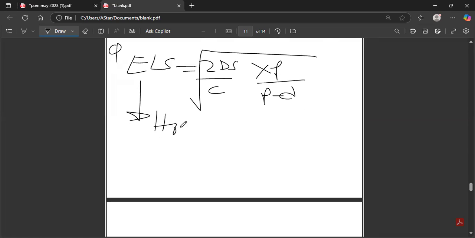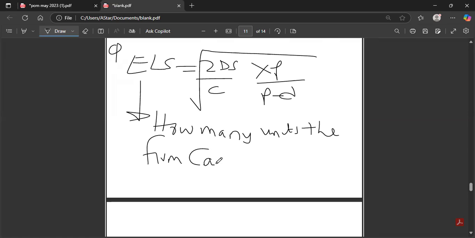So this is how many units the firm can produce at a time.